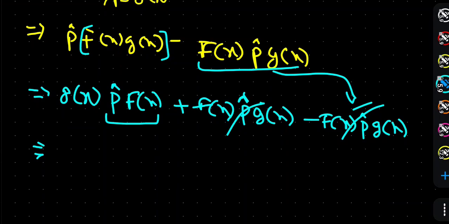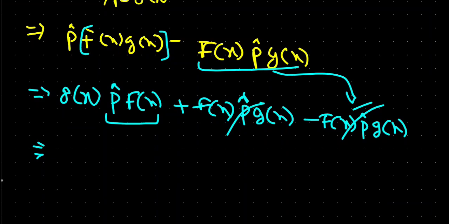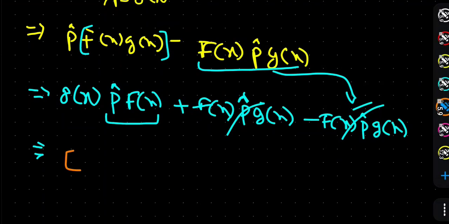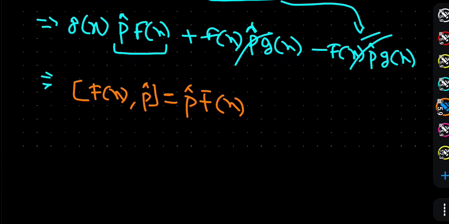Now essentially g of x was our test function, so we will drop the test function and see what our commutation relationship is without it. Removing the test function, you get the momentum operator acting on that function.